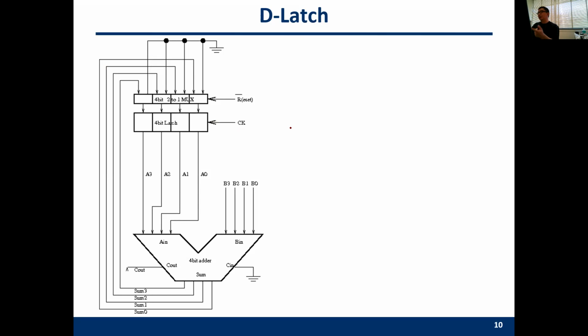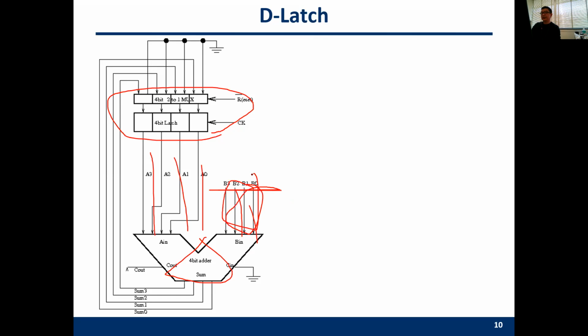If you want to accumulate n results, you need n adders if you don't have a latch. On the contrary, if you do have a latch here, you can just use one adder. In one cycle, you can do one accumulation. You can read the data from this latch and do a new accumulation, adding the new input to the original value here. So in this way, you can achieve an accumulator with only one adder.